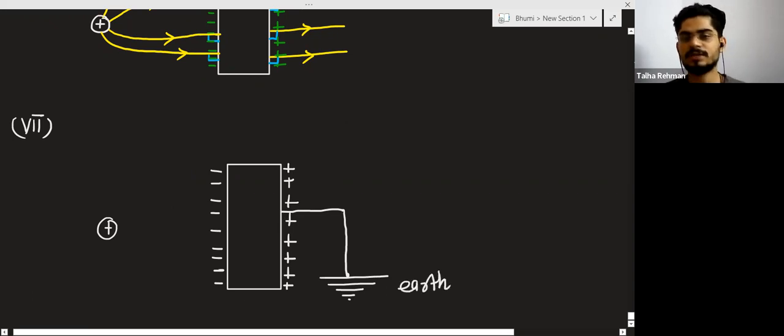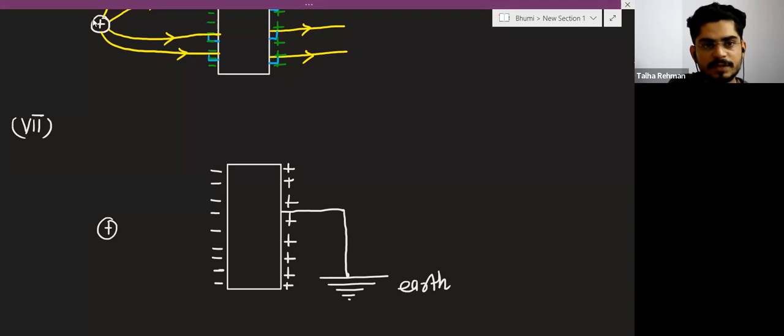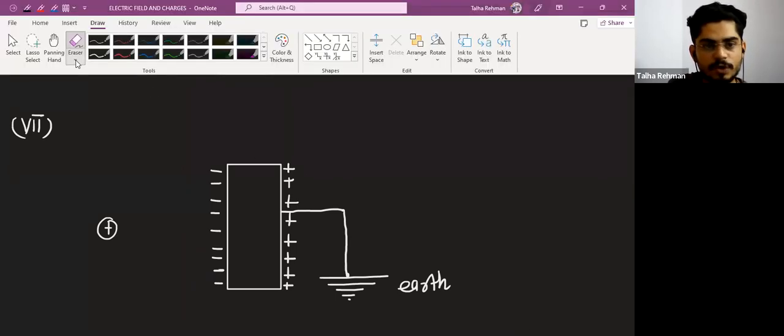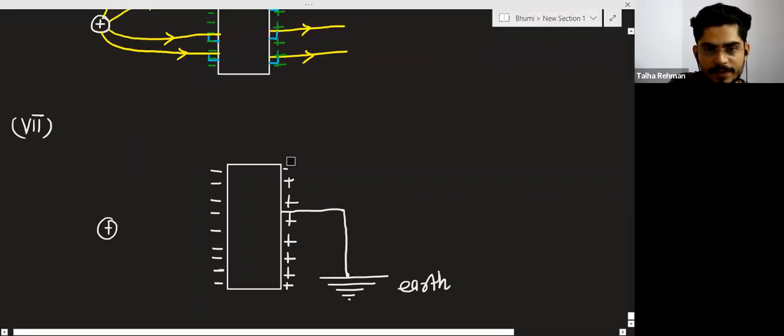We will connect a wire from here, and from here we will take all the charge, and all this charge will go into the earth. So here this positive charge will be no more because of earthing.